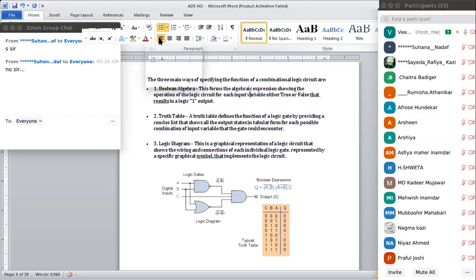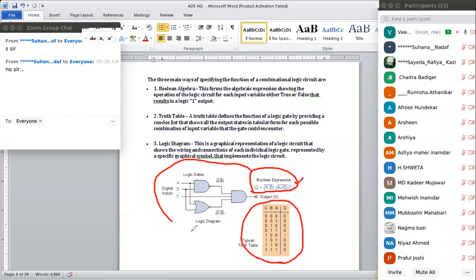Now this is an expression. Based upon this expression, I can write the truth table, and then by utilizing this expression, I can draw a logic symbol.